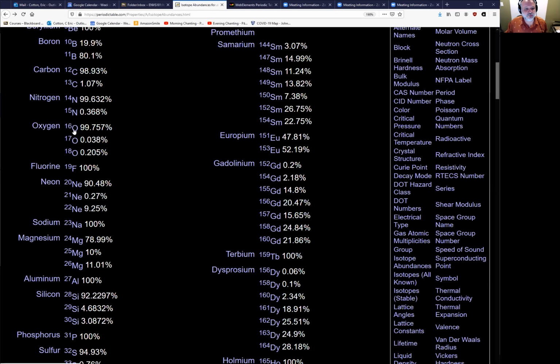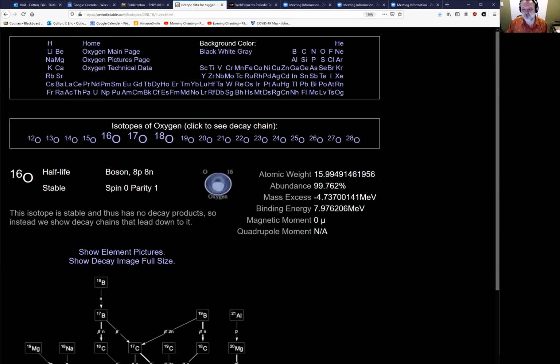And now what I do is I'm going to click on each one of those isotopes to get the actual atomic mass of that isotope. And for oxygen 16, it's 15.99491. I'm going to round up to this digit so that I'm carrying only 6 decimal places at this point. And so let's take a look at that.